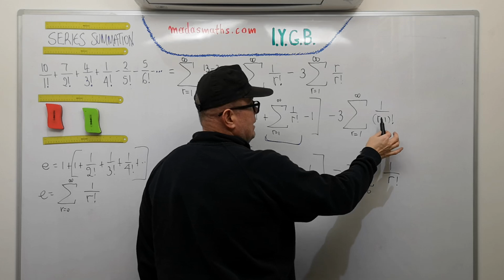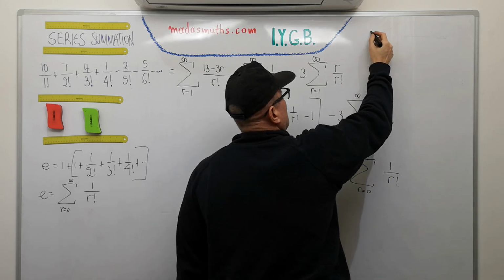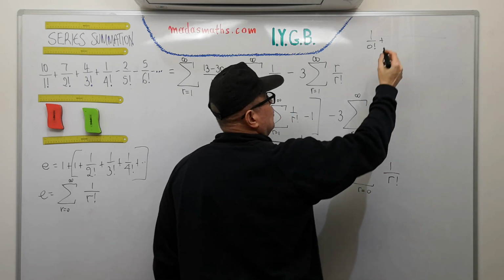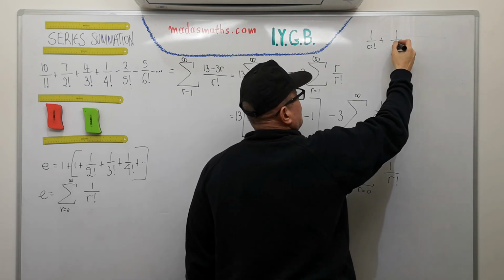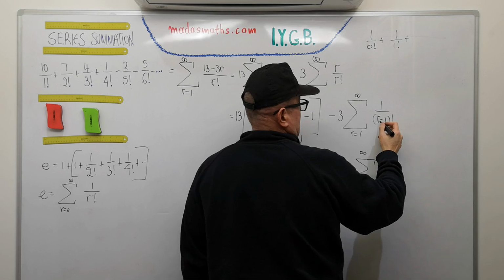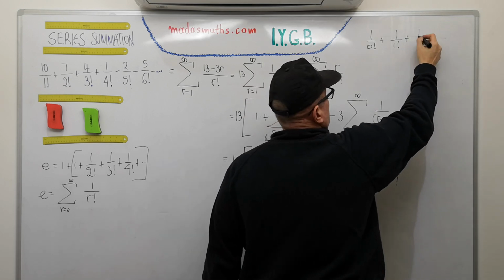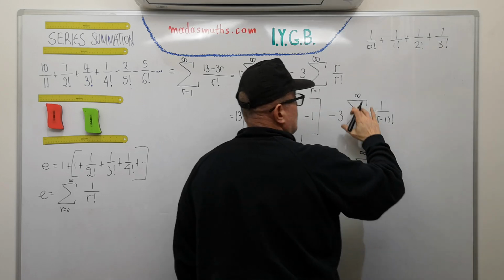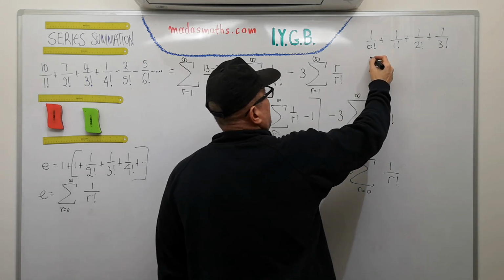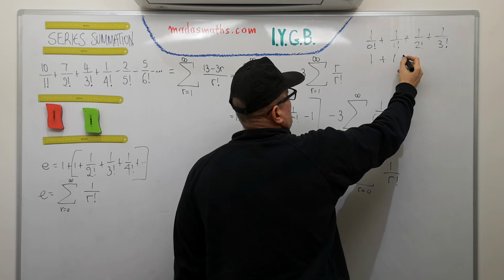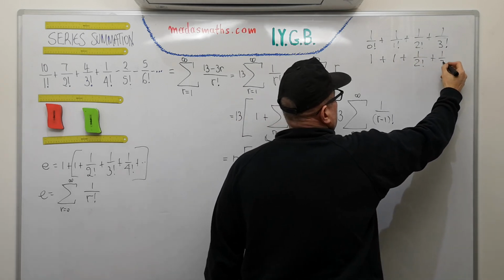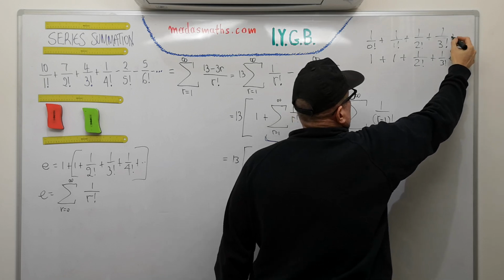r equals 1, we're getting 0 factorial. So we're going to get 1 over 0 factorial, plus r equals 2: 2 minus 1 is of course 1 factorial. Then r equals 3, 1 over 2 factorial, and so on. So these are the terms being produced by this sigma, which of course are 1 plus 1 plus 1 over 2 factorial plus 1 over 3 factorial plus dot dot dot.